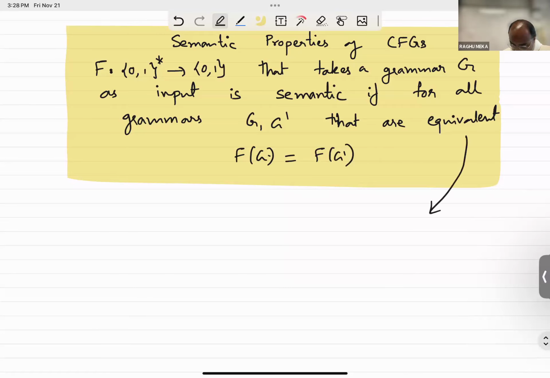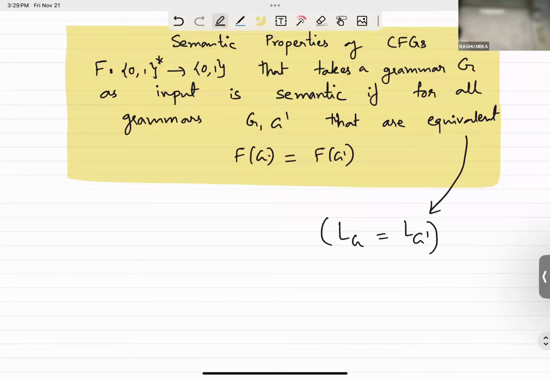Equivalent meaning the language generated by grammar G is the same as the language generated by grammar G prime. Basically, f of G doesn't depend on the variable names or how you wrote down the rules, but depends only on what language you are generating.